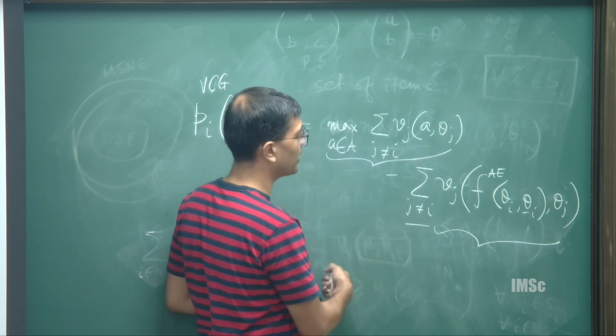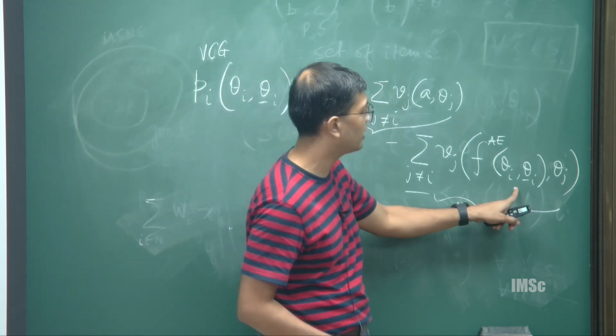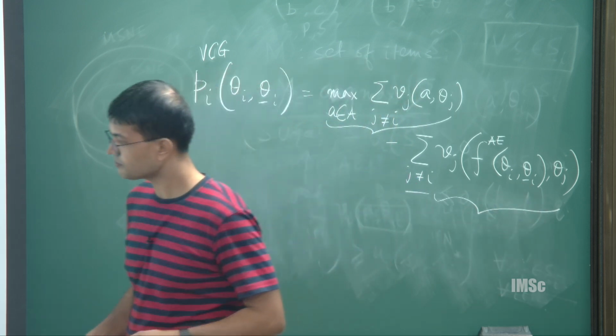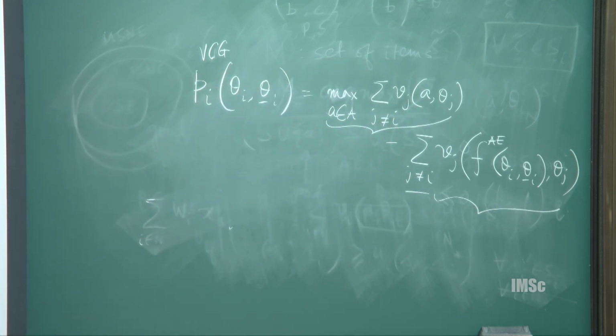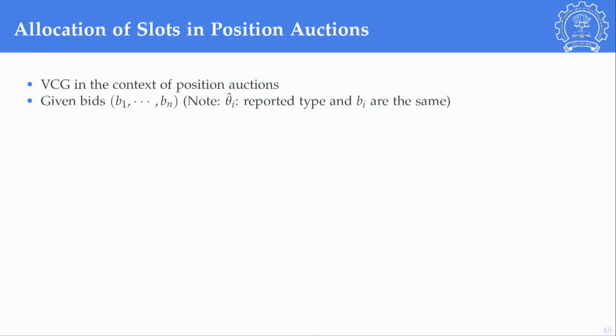So let us look at each of these things. We already saw what the allocatively efficient outcome will be when everybody is present. Let us say they have reported b1 to bn, and this is exactly like theta i hat, what they have reported, right. Sometimes we use the hat to denote the reported one versus the true one, which is theta i.